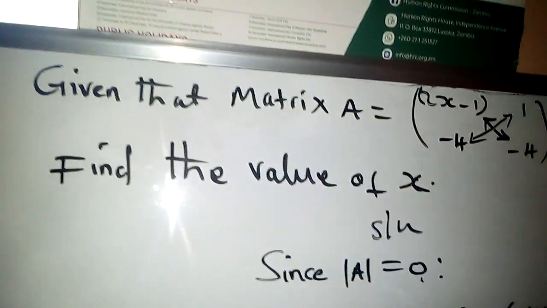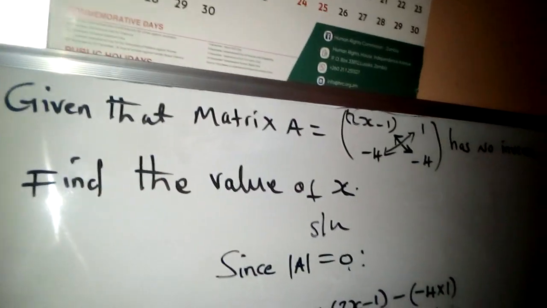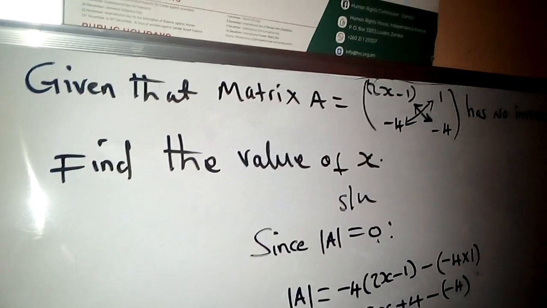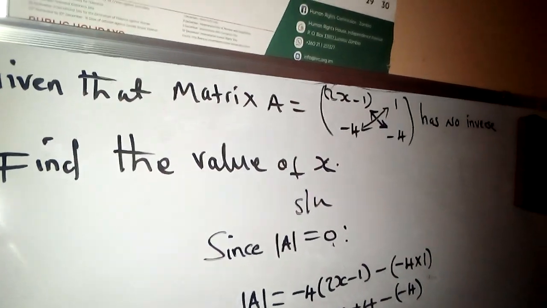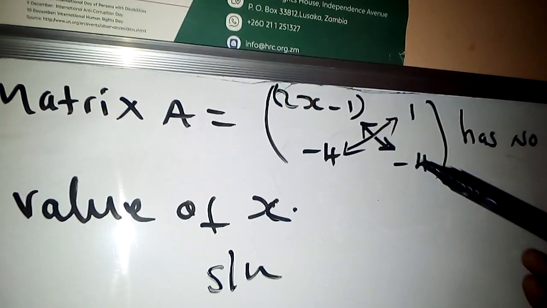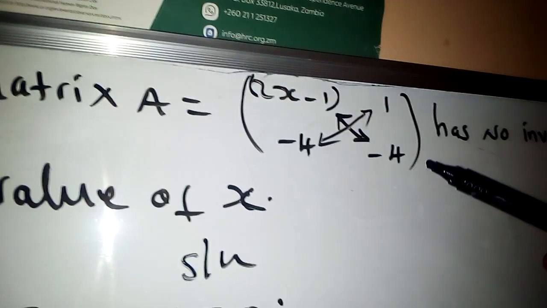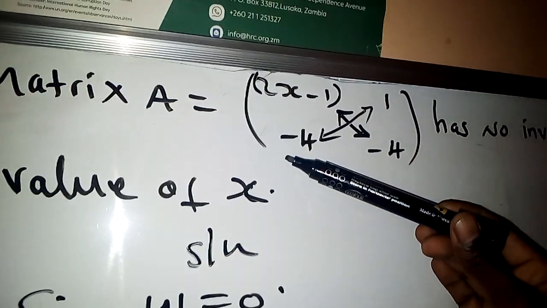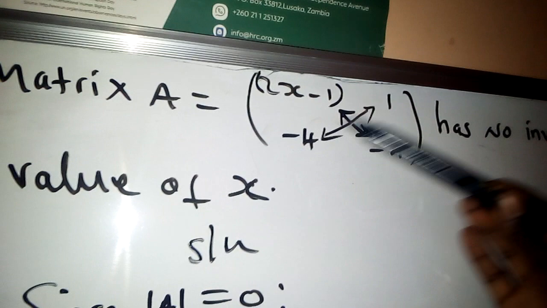Take note, if a matrix does not have an inverse, it simply means its determinant equals 0. So when you multiply the elements in the major diagonal, you subtract the product of the elements in the minor diagonal.